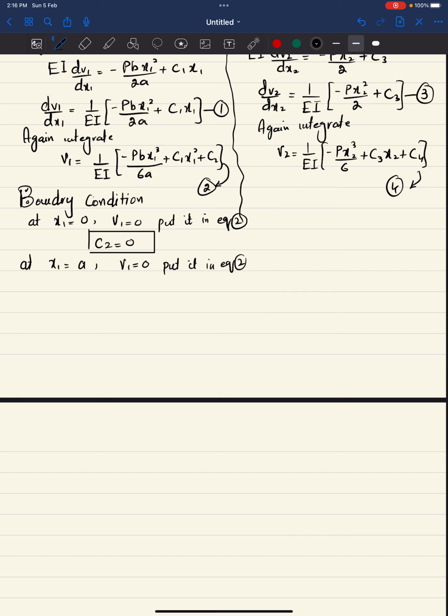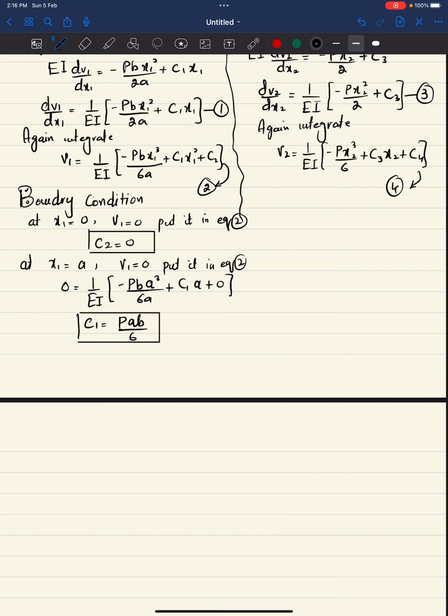So it's better to write 0 equal to 1/(EI) into minus Pb, where instead of x1 we have a, so a³/6a plus C1 into a plus C2, which is again 0. From here you will get C1 equal to Pab/6. So you have C1 is this.